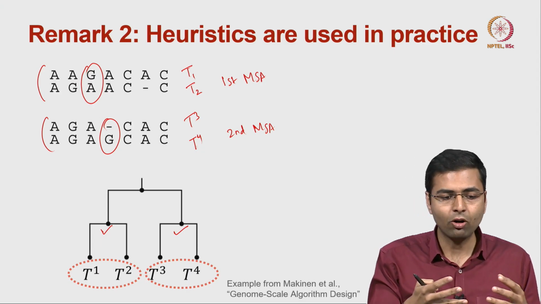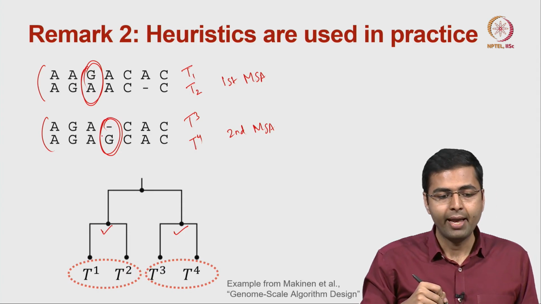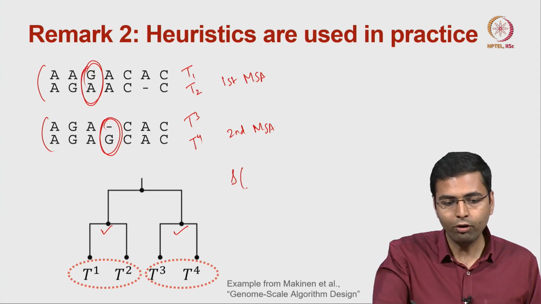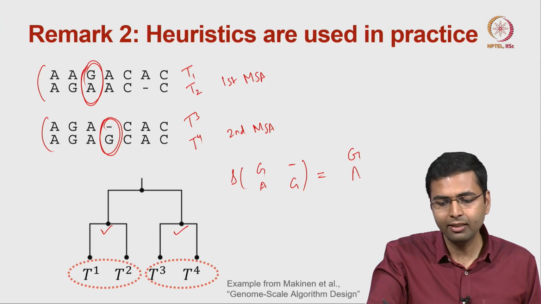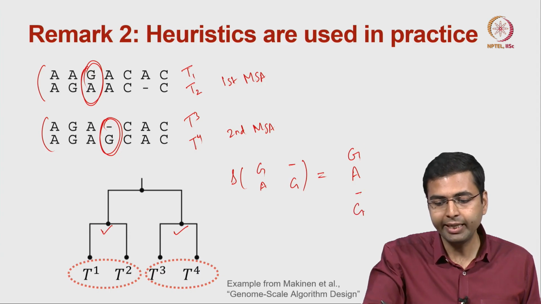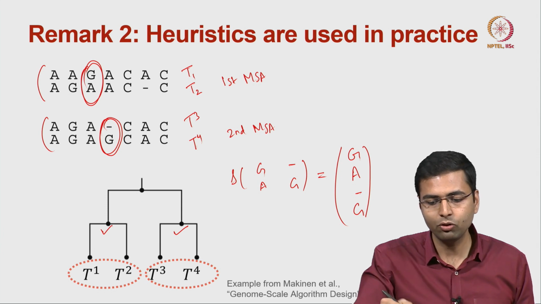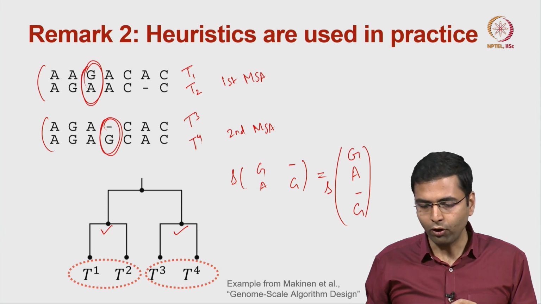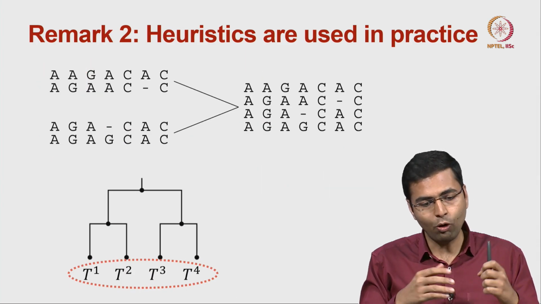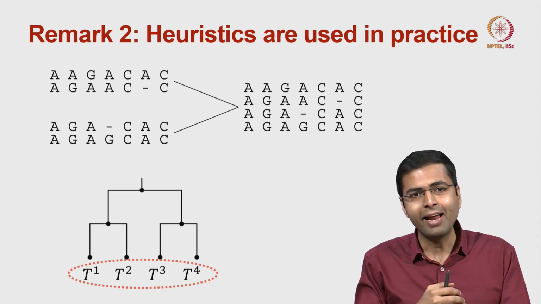In the pairwise alignment algorithm, I will consider this as a single character and this as a single character, and the cost of aligning these columns GA and -G will be governed by the cost of aligning the entire column, that is the concatenation of both columns. So that will be the cost of aligning these two columns. Following this idea, we can now combine these two alignments into a larger multiple sequence alignment, and we can continue this up.